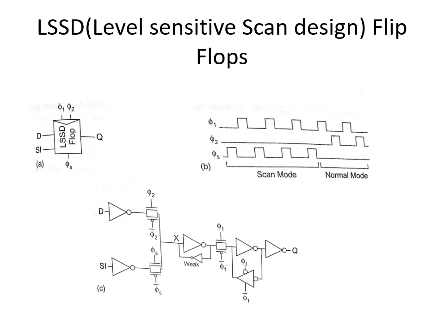Here, for the D input, phi 2 and phi 2 bar are the control inputs given to the transmission gate, but whenever SI, that is the scan input, is given, phi s and phi s bar are the control inputs given to the SI input. The non-overlapping clocks also prevent hold time problems in normal operation.